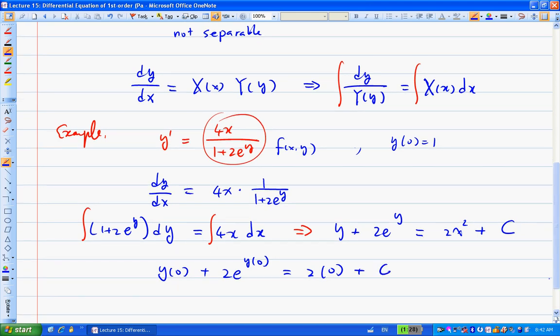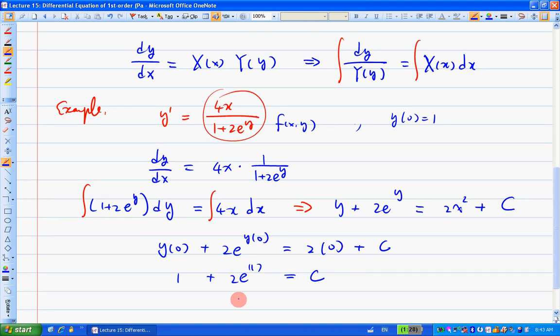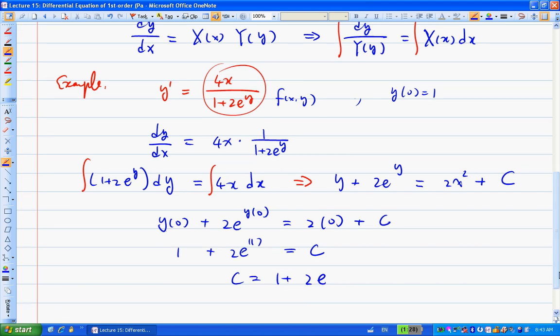That's applying the initial condition. And y of 0 equal to 1, so 1 plus 2e^1 equals c. So c equals basically 1 plus 2e.